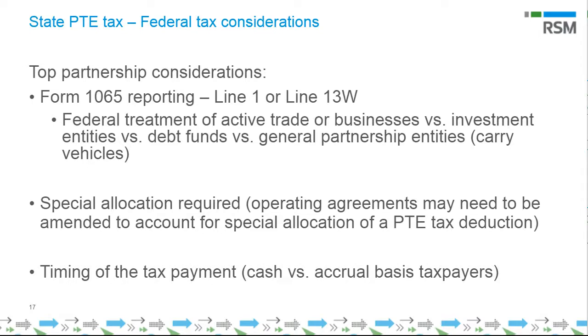And so Connecticut was right out of the gate on this and said, listen, we're going to make it mandatory. It's going to go on the K-1. It's going to reduce your distributive share of pro rata income. This is what Congress intended for the $10,000 cap: if it's the individual, you're subject to it; if it's the entity, not subject to it.